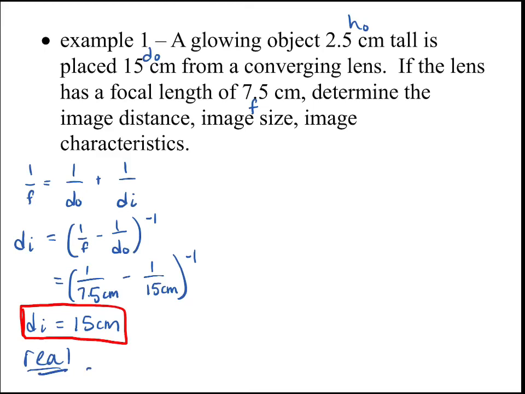Okay, let's figure out the image size. So we can use that using this magnification equation. Okay, so I'm looking for the height of the image. So it's just equal to negative DI times HO over DO.